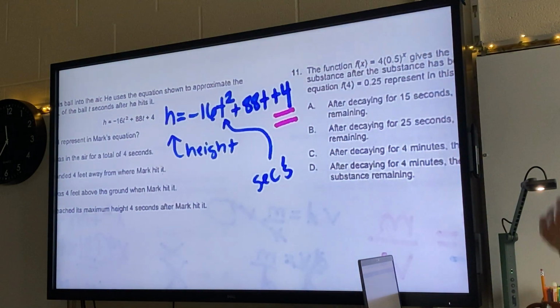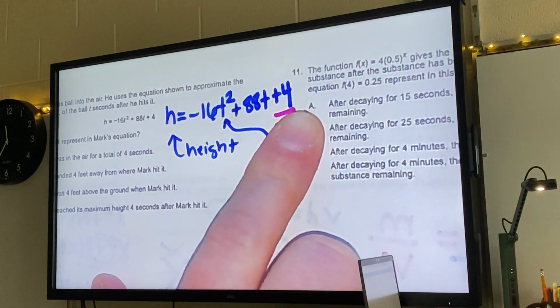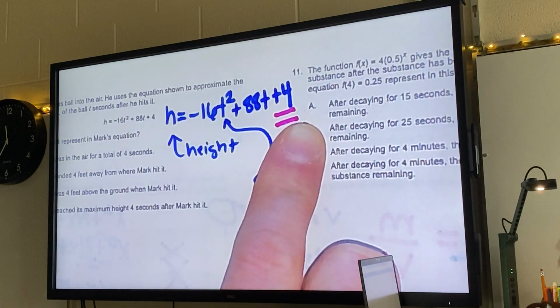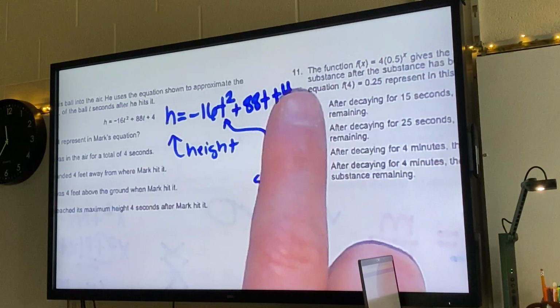When we do word problems, the y-intercept is always the starting point. When you have a real life problem, the y-intercept for linear and quadratic functions is almost always the starting point. So the starting point of that tennis ball was positive 4.